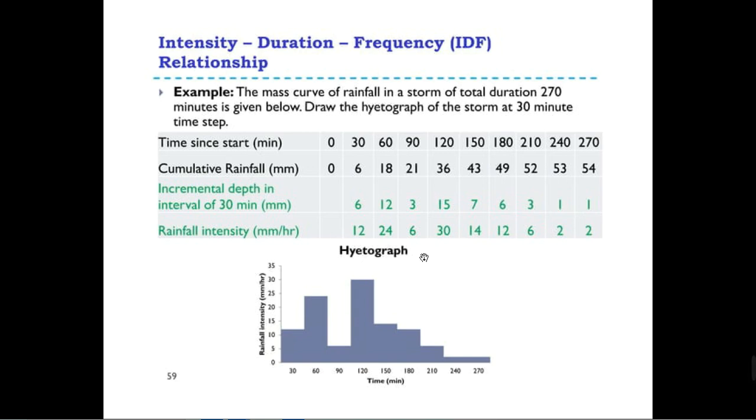you have to multiply by 2. Why? Because the interval, we know, is 30 minutes, and they give the data as a mass curve of the storm to 270 minutes.